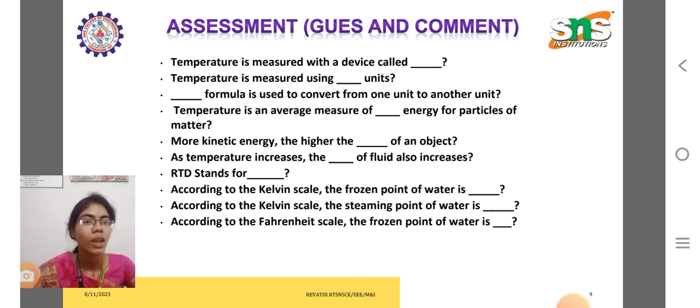The more kinetic energy, the higher the temperature of an object. As temperature increases, the fluid level also increases. RTD stands for what? According to the Kelvin scale, the freezing point of water is what? According to the Kelvin scale, the boiling point of water is what? According to the Fahrenheit scale, the freezing point of water is what?